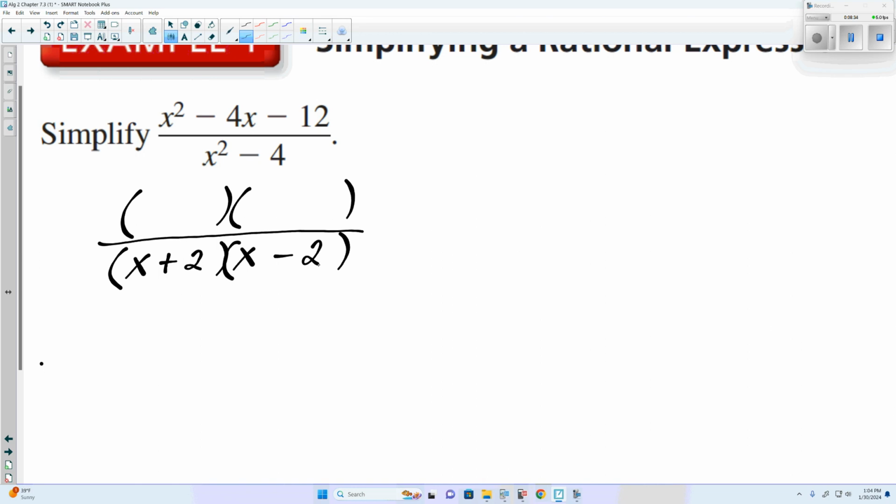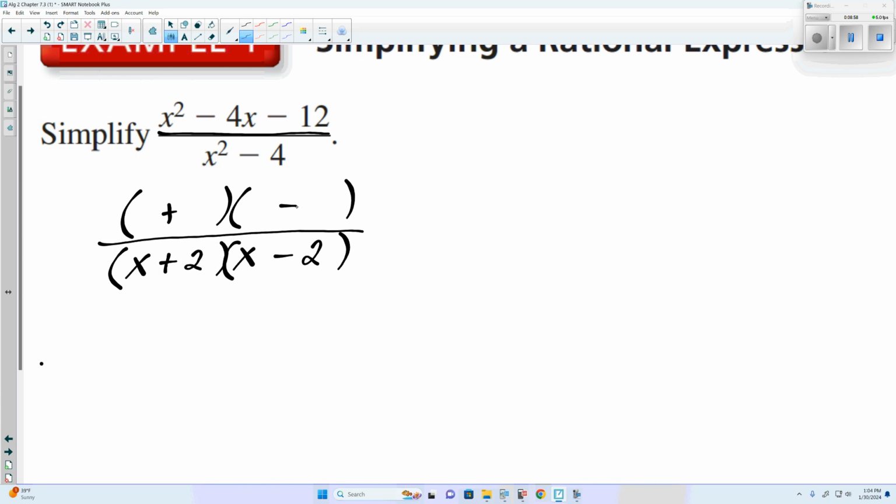Now the reason we're doing this is to find out what's in common on top and bottom. Now the next thing we need to factor is our x squared minus 4x minus 12. Since the 12 is negative, our signs are opposite.